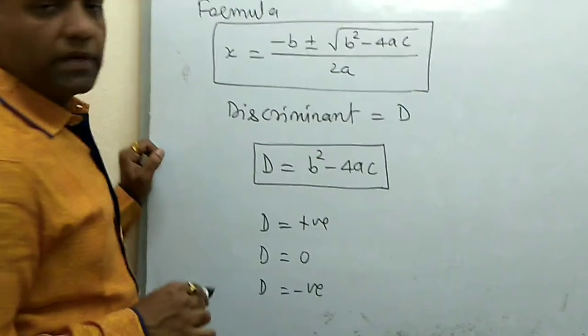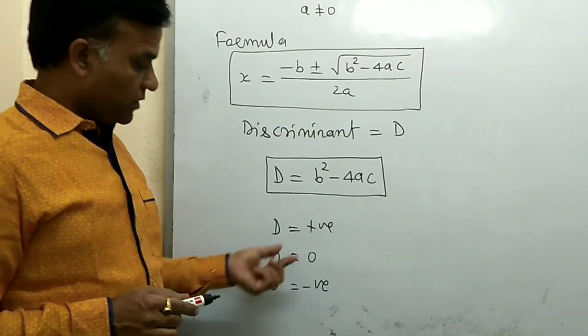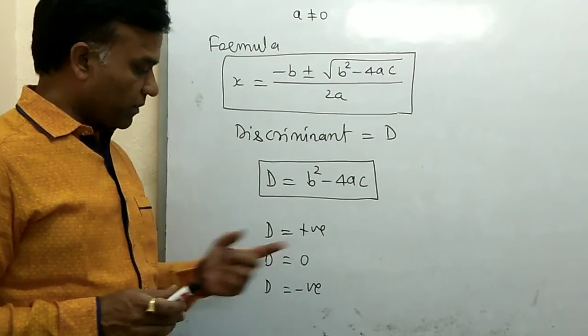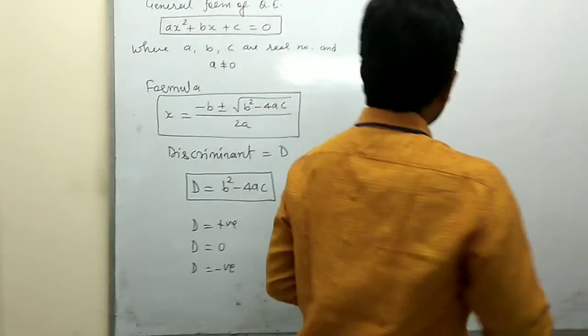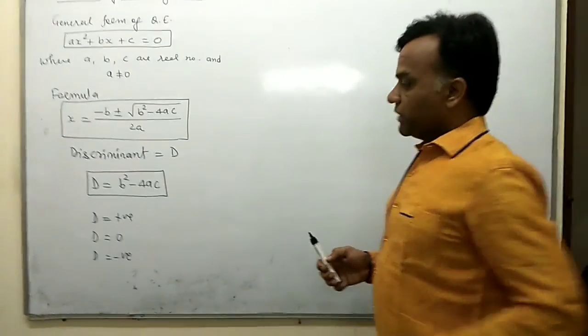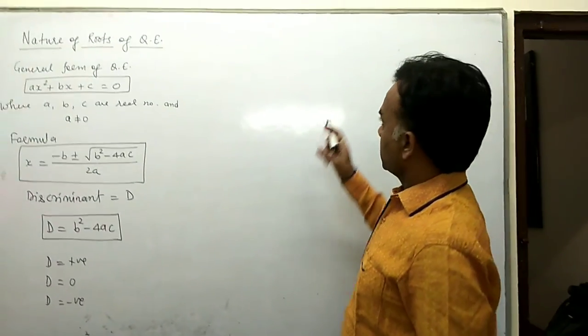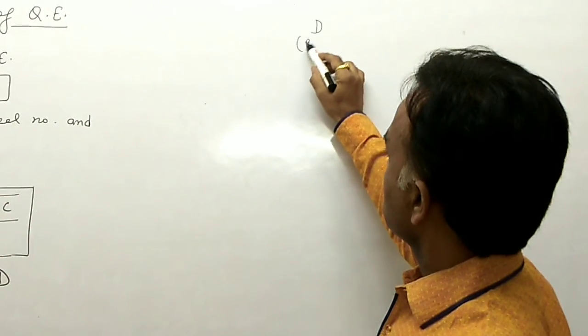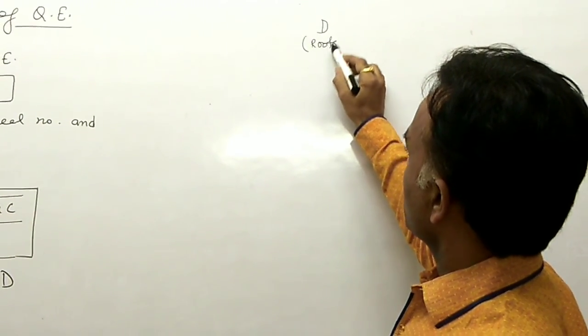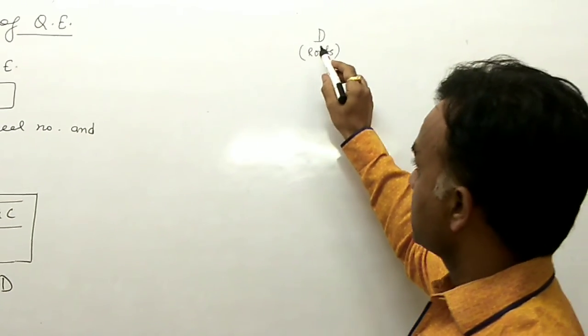There are three possibilities: your discriminant is positive, your discriminant is 0, or your discriminant is negative. Okay, so now we illustrate the nature of the roots with the help of a flowchart. First you find out D, and this gives the nature of the roots.